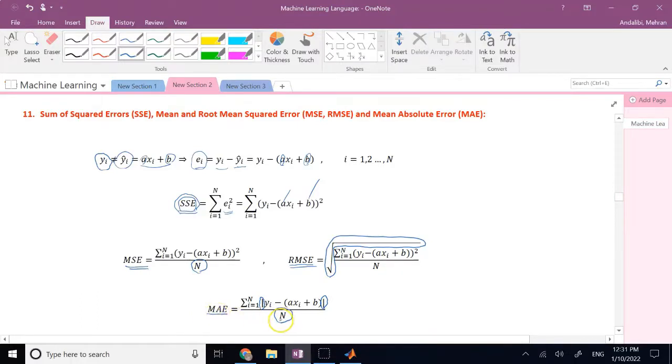That's mean because of dividing by n, and absolute error. So SSE, MSE, RMSE, and MAE. These are all different measures of what? Of the error in your prediction, and you try to choose parameters to bring these errors to their minimum.